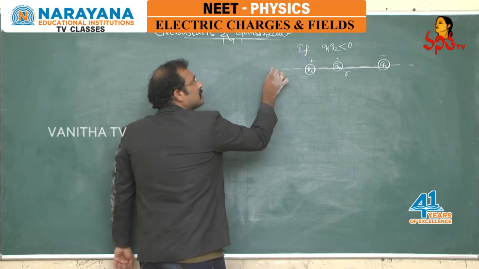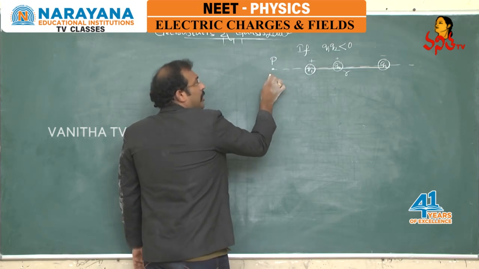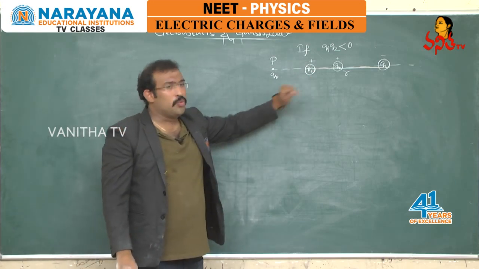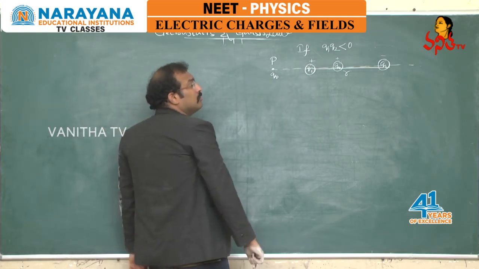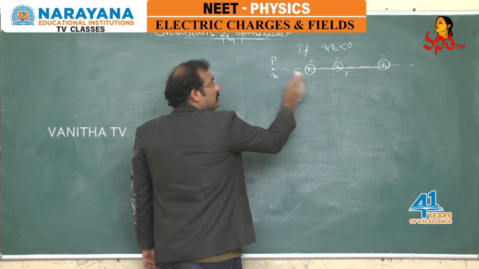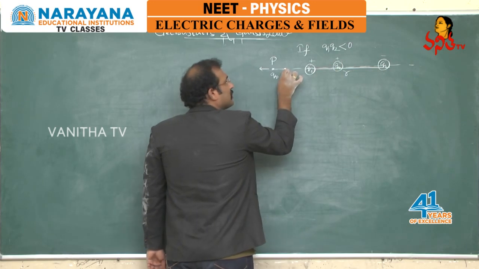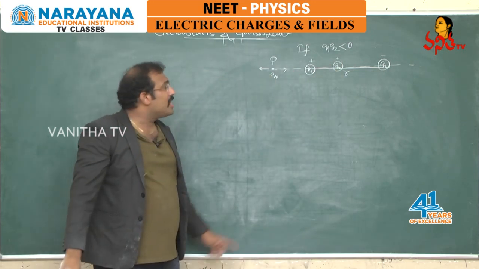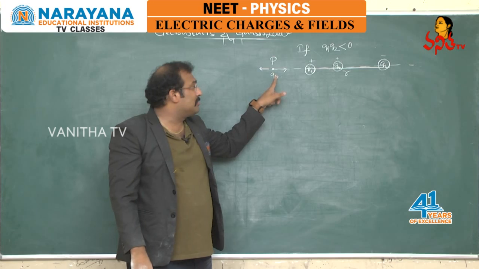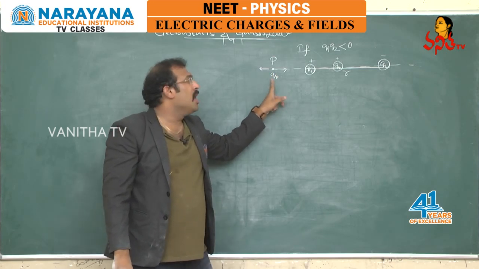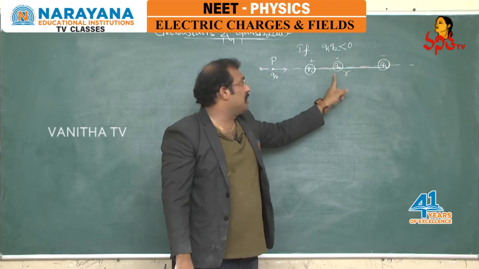So I am taking the null point here for q naught, very near to q1. So now this charge q1 will repel this one in this direction, this charge q2 will attract this one in this direction. So there is a possibility that this test charge can experience net force equal to 0 outside the line joining the two charges.